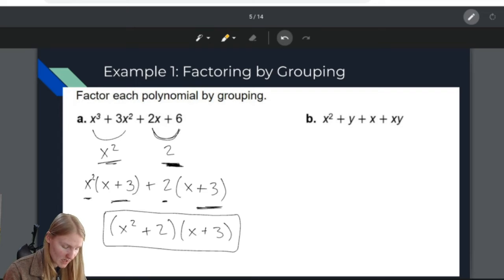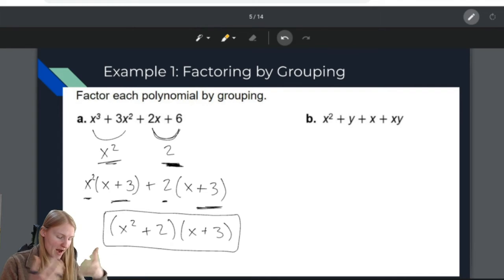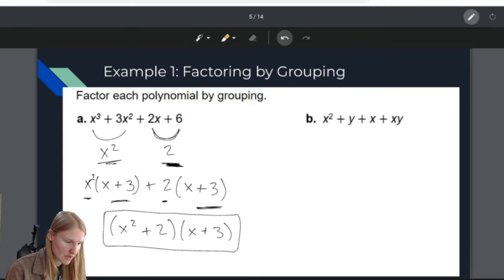This time, again, I need to pair terms up so that they have something in common. So if I look at these two, they don't have anything in common. That's an x and that's a y. They have nothing in common, so I can't pair those together. Ooh, but look at this. These have an x in common.